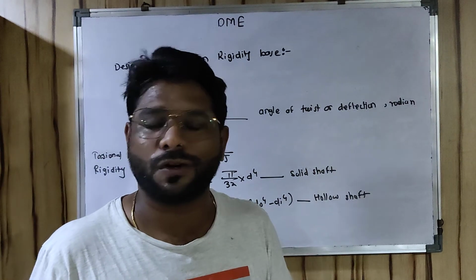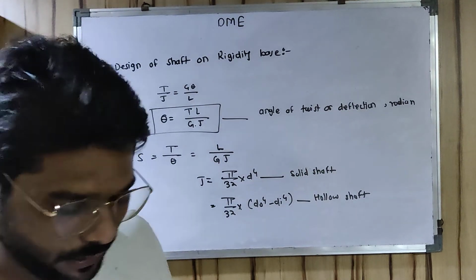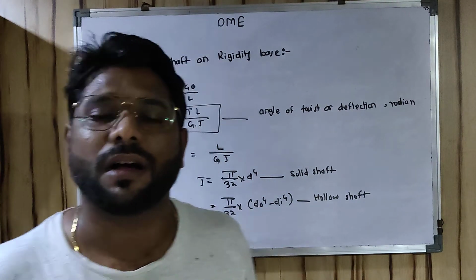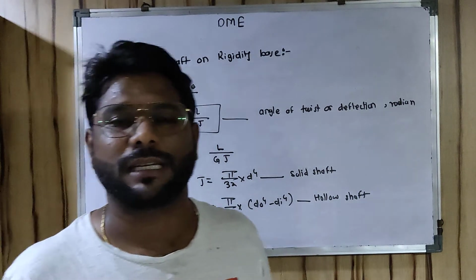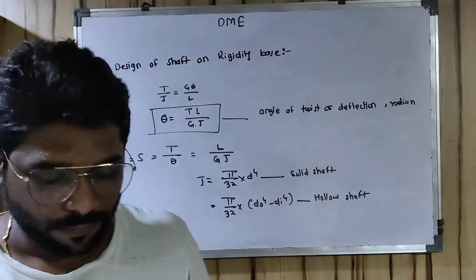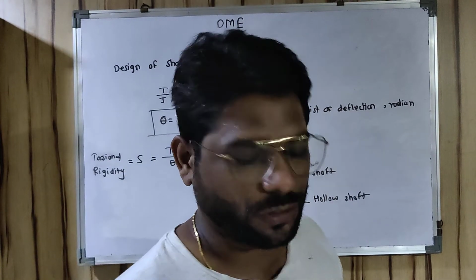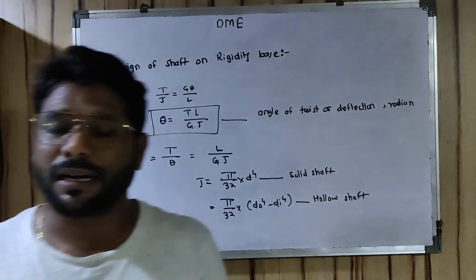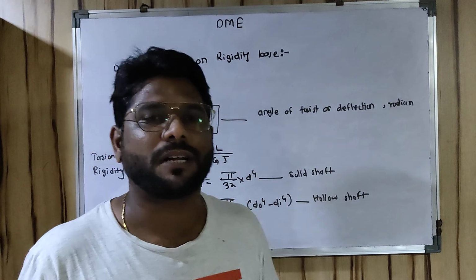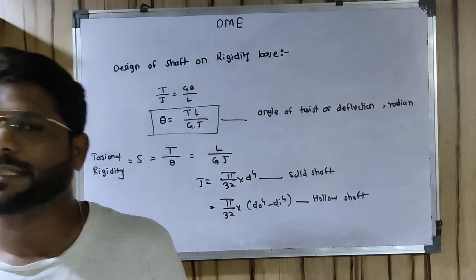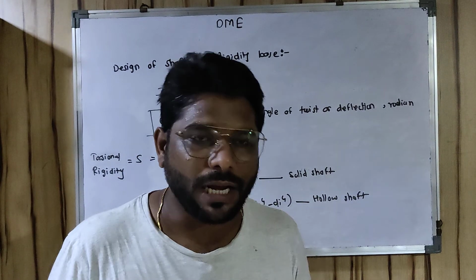As I already told you in the second lecture, hollow shaft has a higher power transmission capacity than the solid shaft because of its weight. The solid shaft weight is generally higher than the hollow shaft. Hollow shaft is lighter in weight than the solid shaft. Therefore, the power transmission capacity of hollow shaft is generally larger than the solid shaft, and that is the main advantage of hollow shaft.